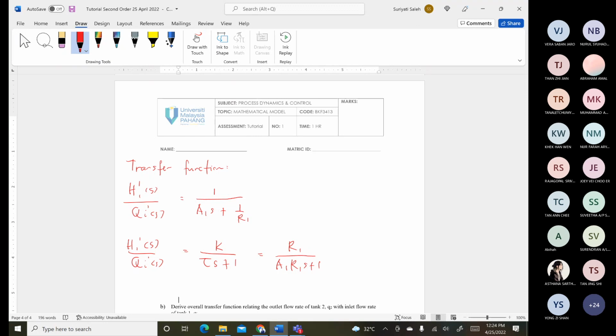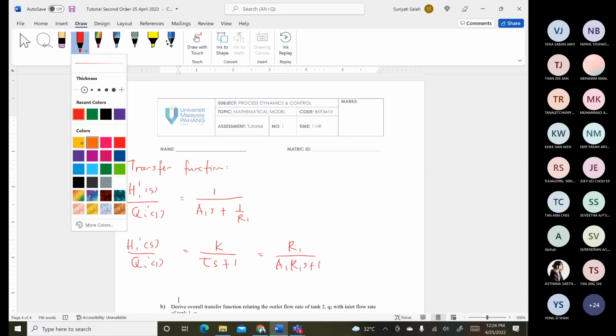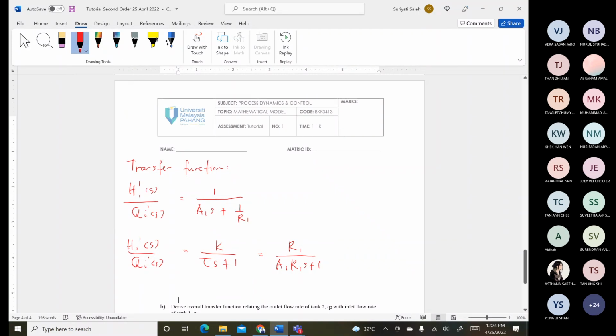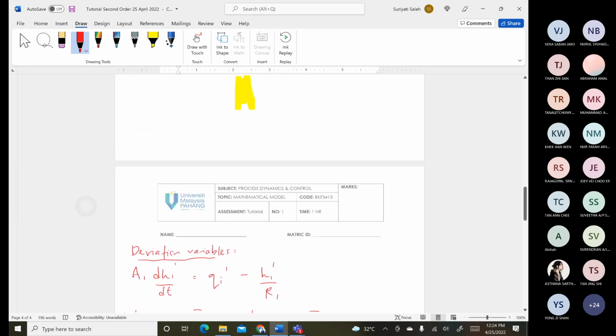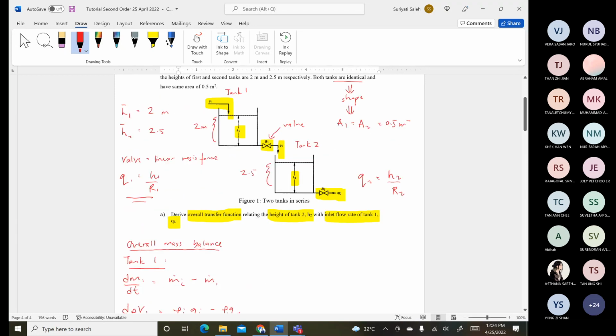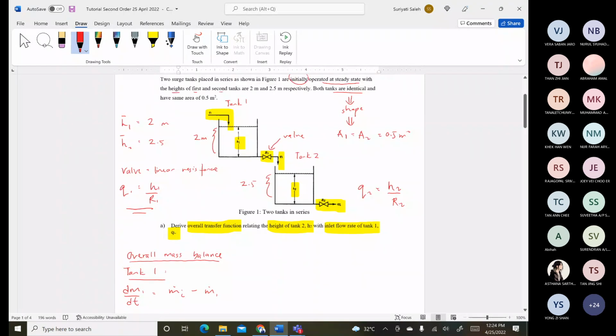So this is the outcome from tank number 1, where we get the first order. Now, the next step is to begin the second tank. Here we already completed the first tank, then we want to begin the second tank derivation.